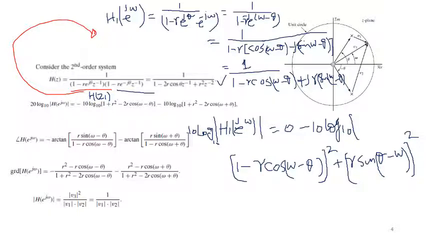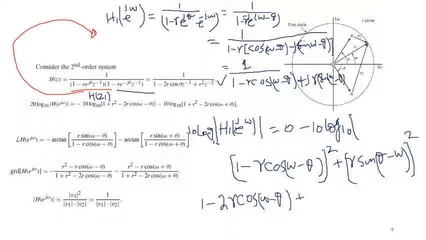So it will result in 1 minus 2r cos(ω−θ). I hope you understand the simple formula: (a minus b) squared results in a squared minus 2ab plus b squared.